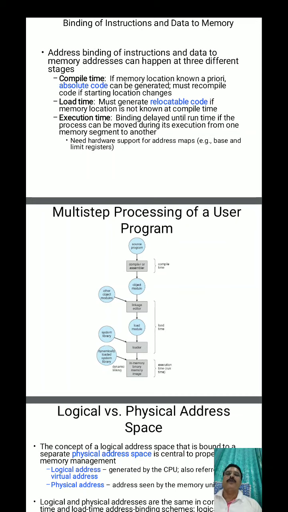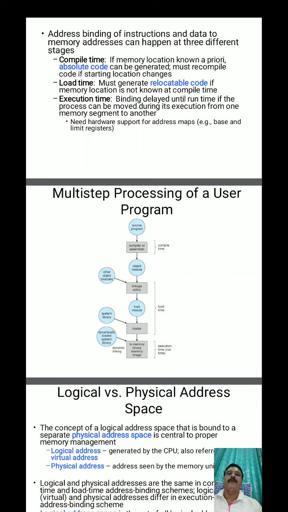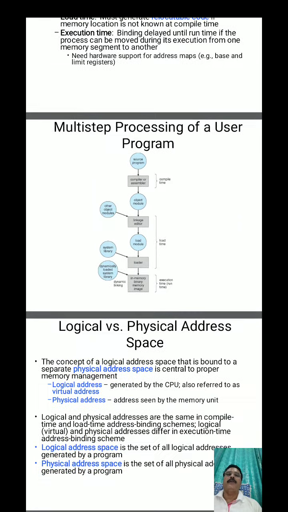Another one is load time. In this case, it must generate relocatable code if the memory location is not known at compile time. Whereas the third one is execution time. Here, the binding is delayed until runtime if the process can be moved during execution from one memory segment to another. Now let's see here the multi-step process.